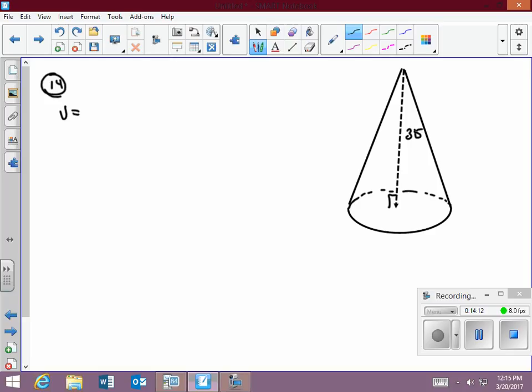So the volume is 1/3 of the area of the base times that height. And I didn't draw one thing in there. That distance across there is 15 inches. That's 35 inches high. So this is going to be 1/3.